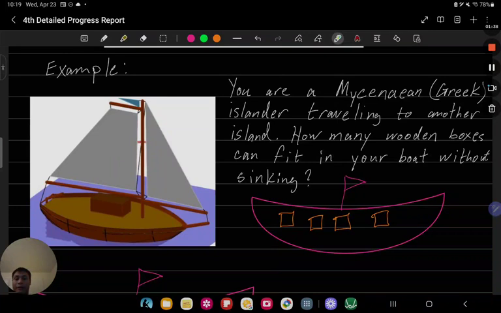And really, it's when you want to travel anywhere from island to island or mainland to mainland or anywhere across the world, you couldn't fly because planes weren't invented, so you had to go by boat. And one of the big problems that you had to face if you were a traveler by boat, a sailor of some kind, you had to figure out how much stuff can you fit in your boat, right?